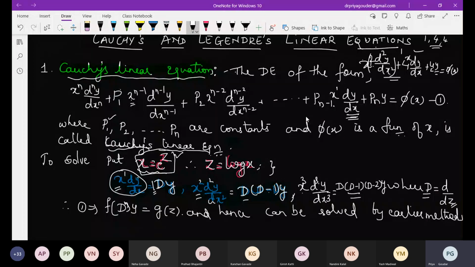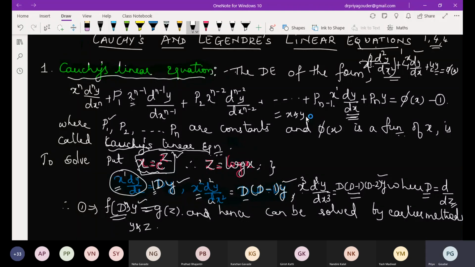If you substitute back all these values, your LHS will be converted as a function of D, and in all the terms you can take y common. Only thing, the RHS part is phi of x. The function of x converts to a function of z, because D is d by dz, so the independent variable is z. So you have to convert this given equation, which is in terms of x and y, into terms of y and z.